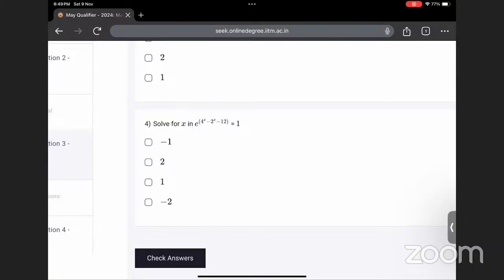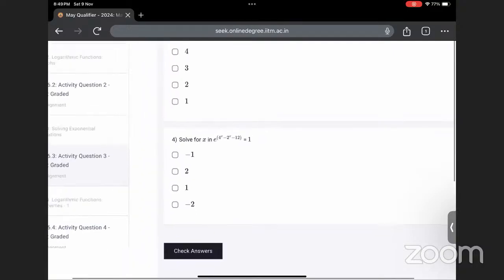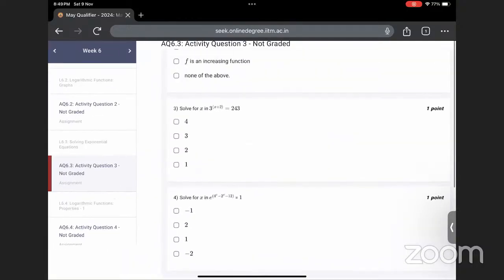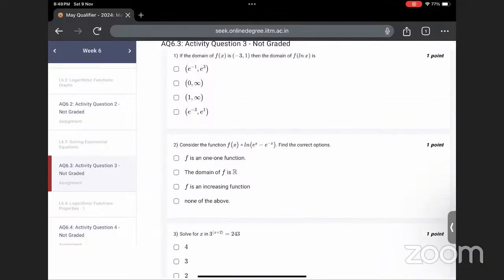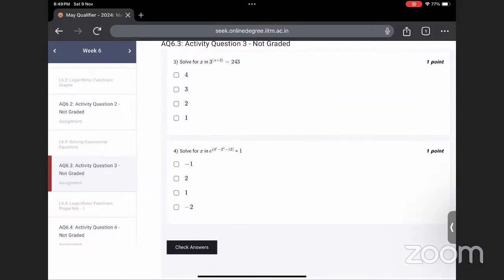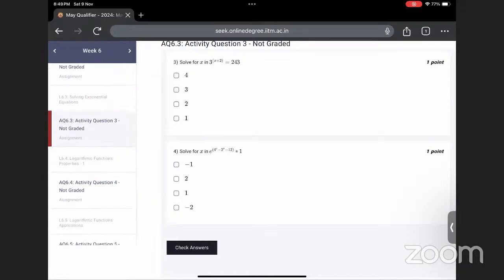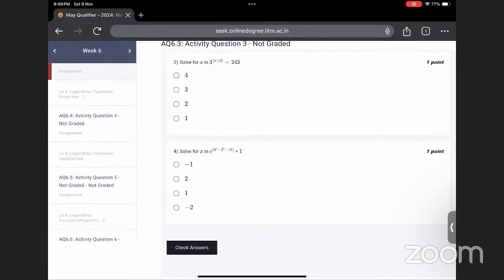Then just solve the equation. You know how to solve a quadratic or cubic equation. Then just try to factorize it or something like that. Then you can conclude. Okay. Is it clear so far?